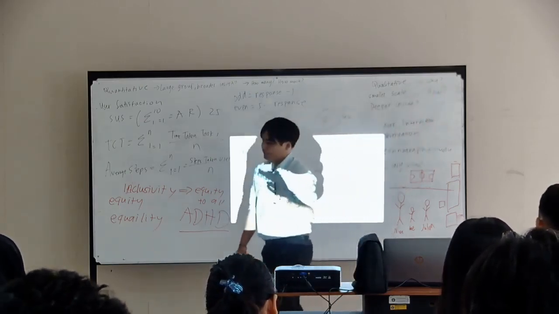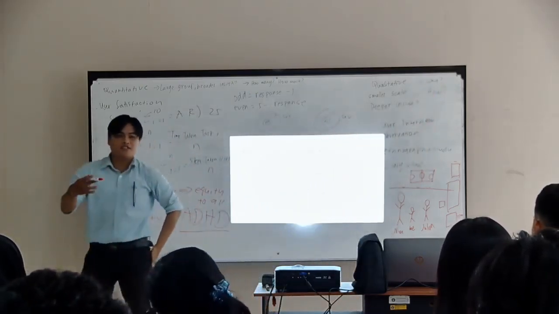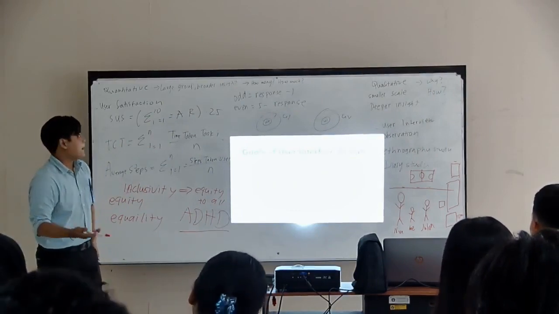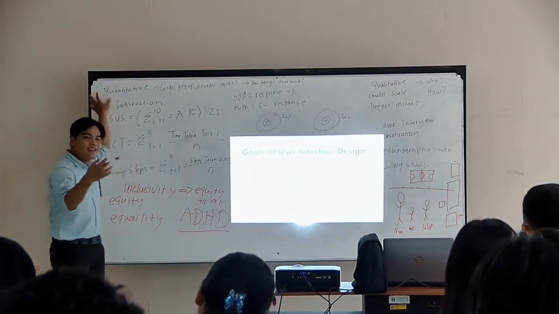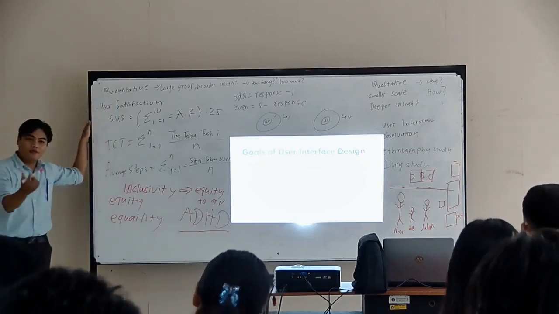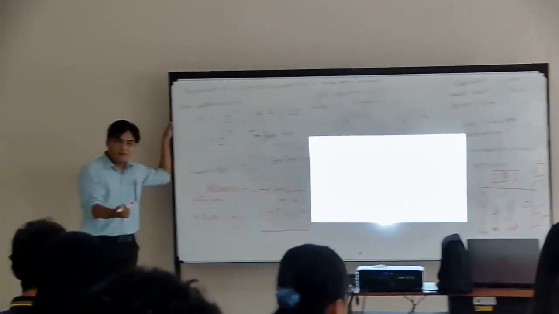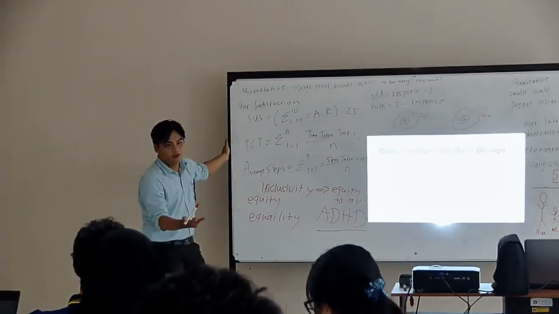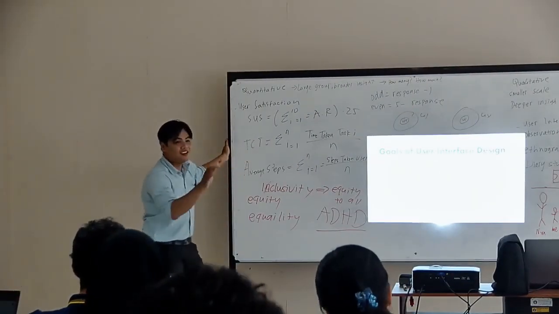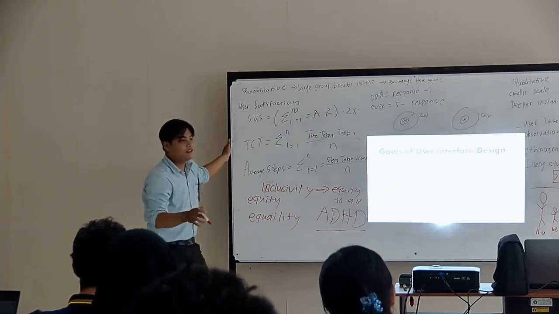For example, I want to research about TikTok. If I use quantitative, I will get data like how many users download TikTok, how many users like TikTok, how many users dislike TikTok. That is the only data that you can get.